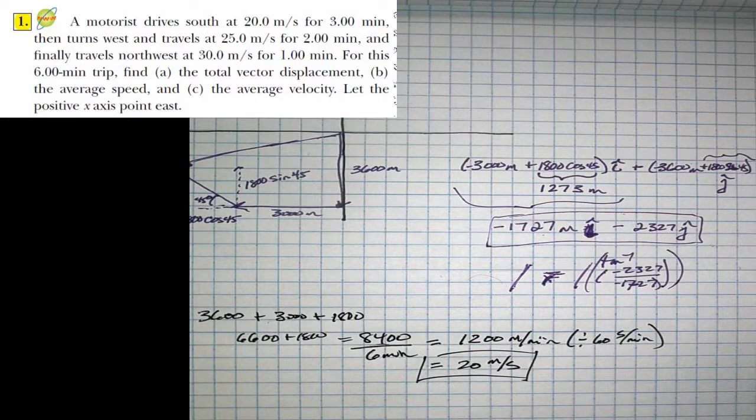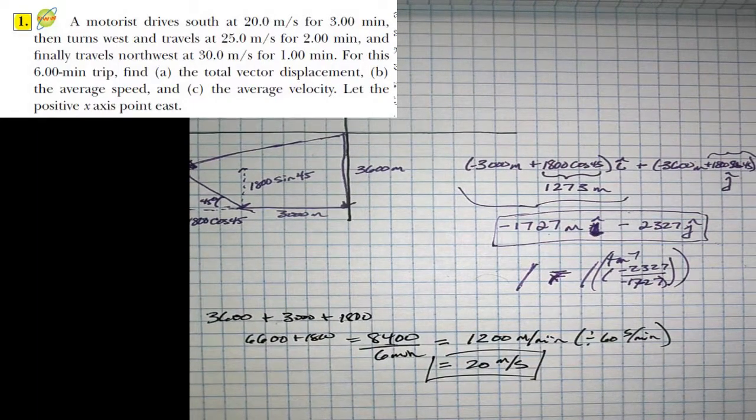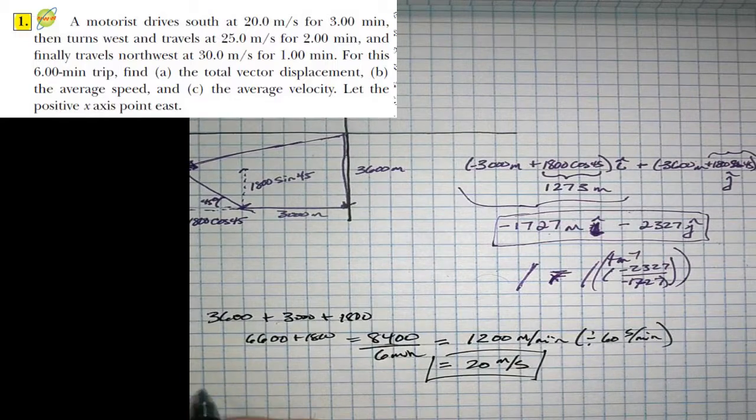Our average velocity, however, is different. We're going to take our other vector and take the magnitude of that.